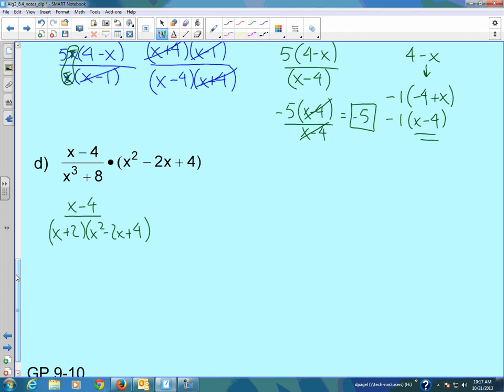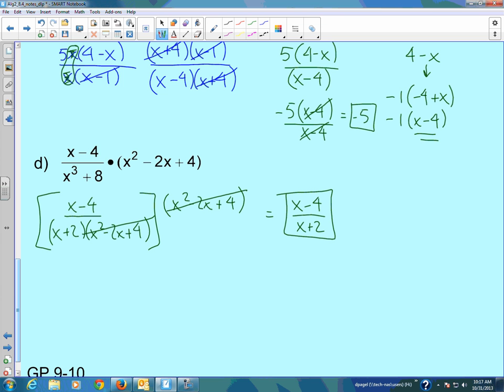And then all of this is getting multiplied by this x squared minus 2x plus 4 in the numerator. Well, those two get to cancel each other out, and then I'm just left with x minus 4 and an x plus 2.